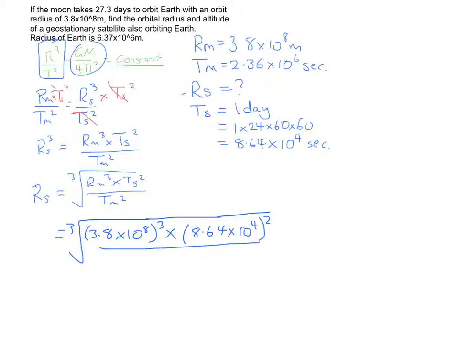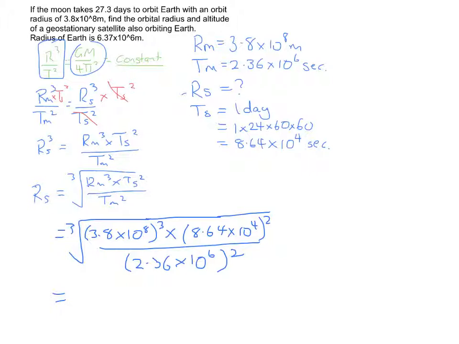That's all divided by the period of the moon, 2.36 by 10 to the 6 squared. Now be really careful with this when you throw it into the calculator. Keep the brackets there. Make sure you square things that are supposed to be squared.